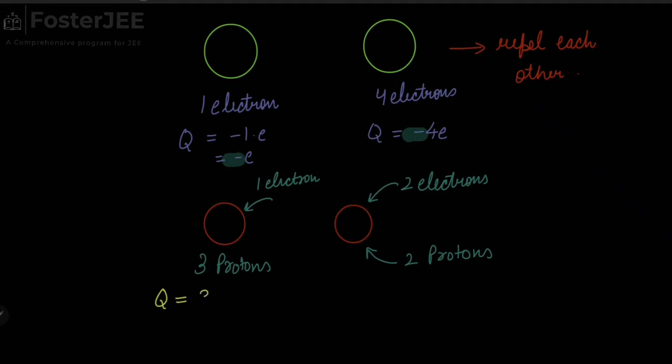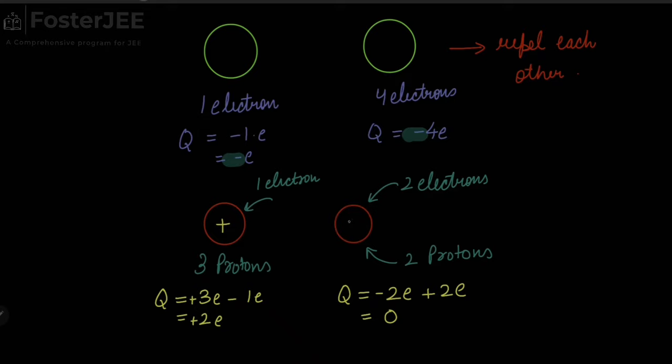That will be 3 protons with plus sign, minus 1 electron with minus sign, that is plus 2E. That is, this body will have positive charge. Now, what will be the total charge on the second body? That will be minus 2E because of 2 electrons plus 2E because of protons, that is 0.